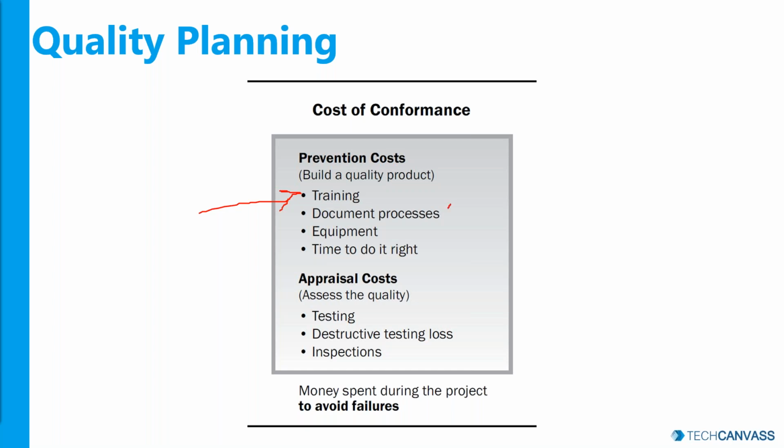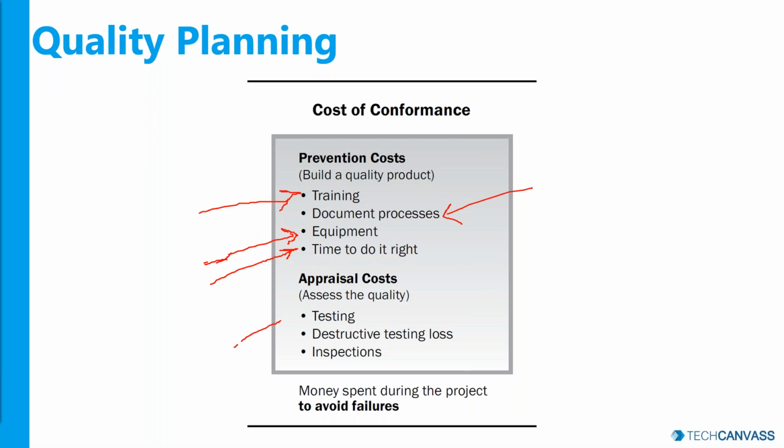You need to have proper quality standards defined. You need to invest time on that. That is part of your quality planning. Sometimes you need equipment for testing, right? More so relevant for manufacturing projects, you need special equipment for testing. That's an investment that goes to your quality planning prevention costs, right? And then again, finding the right slot to test it, depending on the type and nature of the project.